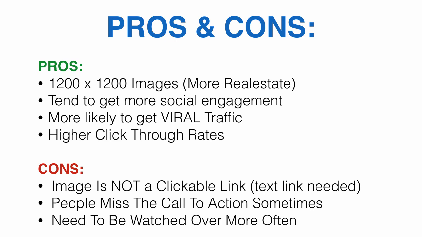Obviously, a share is when somebody hits the share button, and a tag is when somebody sees a post and they put in the @ symbol and their friend's name, and basically it notifies their friend on Facebook of this post. It's kind of like directly sharing the post with one specific person, if you will. And these types of ads get more of that viral traffic.